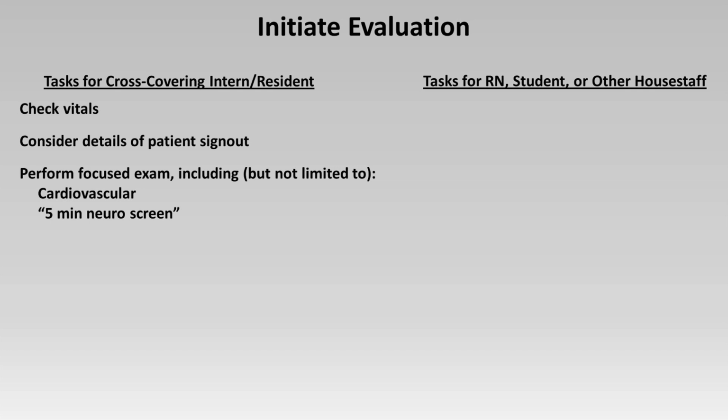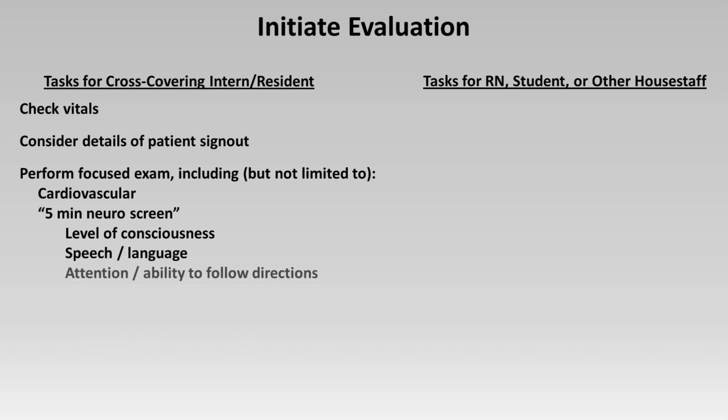This neuro screen should include assessment of the level of consciousness, assessment of speech and language, assessment of attention, which is usually done by checking the patient's ability to follow directions, which itself requires that language centers are intact, orientation, cranial nerves, frequently omitting more time-consuming and lower yield portions such as visual fields and visual acuity, gross strength in all 4 extremities.